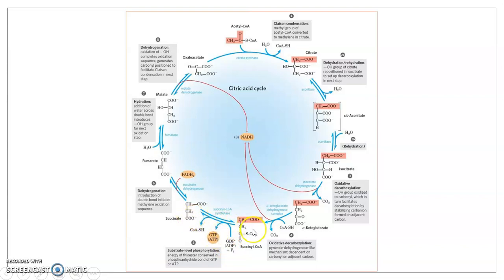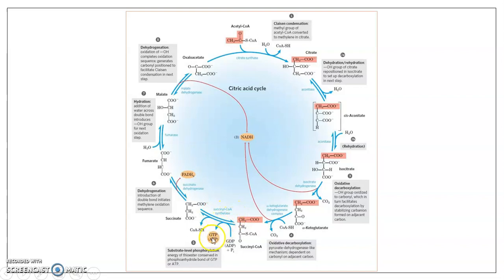I hope it is clear. It is a substrate level phosphorylation process. Now this particular reaction is catalyzed by succinyl-CoA synthetase, also known as succinate thiokinase.